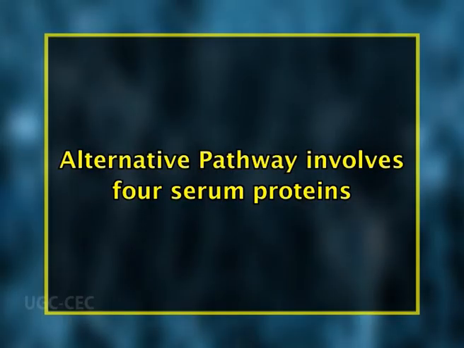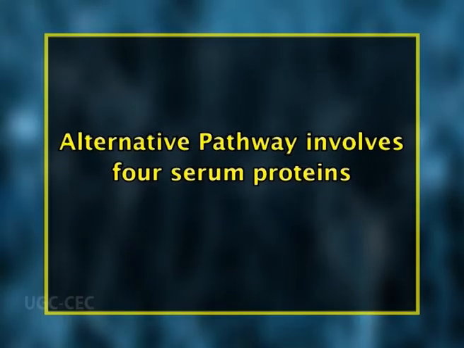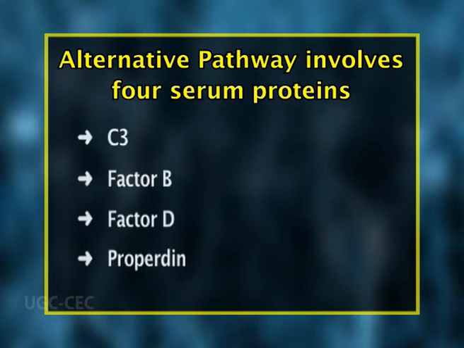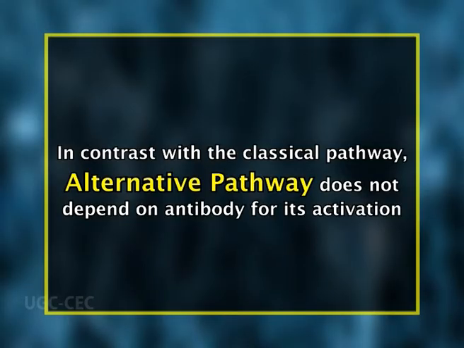The alternative pathway involves 4 serum proteins: C3, factors B and D, and properdin. The alternative pathway components are called factors and are designated by capital letter symbols. In contrast with the classical pathway, it does not depend on antibody for its activation.